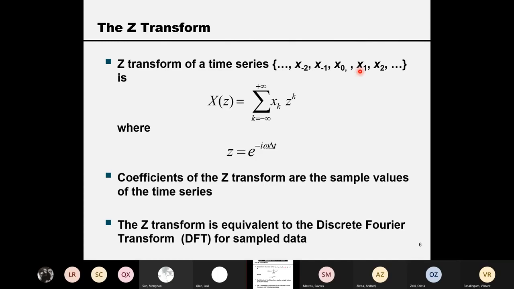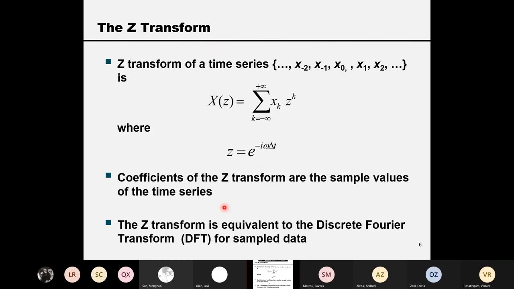Right, that's the Z transform. And we also introduced Z is an operator for unit time delay. So if we try to distinguish different samples at different locations, basically check the power of Z.